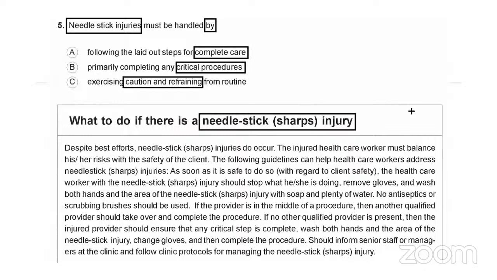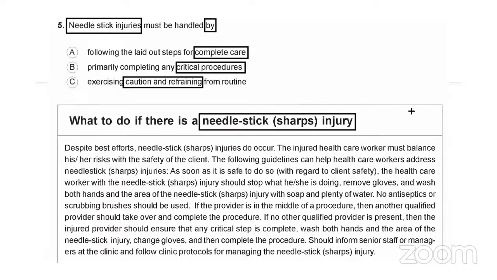As soon as it is safe to do so, the healthcare worker with the needle stick injury should stop what she is doing, remove gloves and wash both hands, and then wash the area of the needle stick sharps injury with soap and plenty of water.